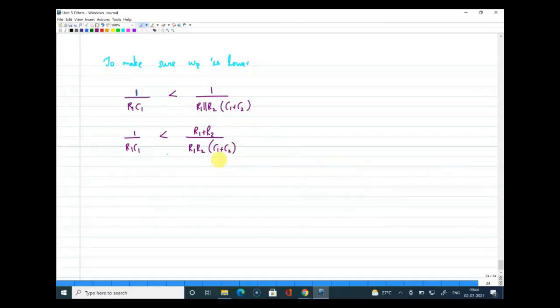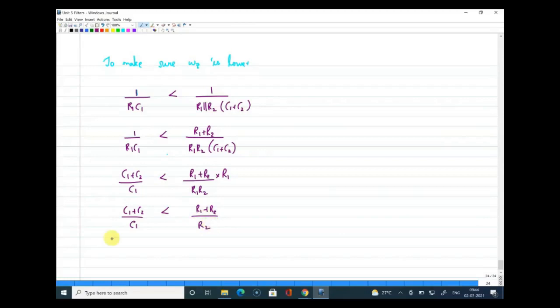I'm bringing the C1 plus C2 to this side, and taking this to the other side, R1 plus R2 divided by R1 R2, and bringing R1 here. That results in the condition that C1 plus C2 divided by C1 will be less than R1 plus R2 divided by R2.